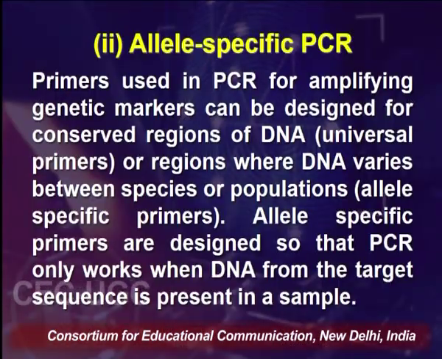Then we have allele specific PCR. In this PCR, the primers used for amplifying genetic markers can be designed for conserved regions of DNA, which are universal primers, or for regions where DNA varies between species or populations, which are known as allele specific primers. The allele specific primers are designed so that PCR only works when DNA from the target sequence is present in a sample.